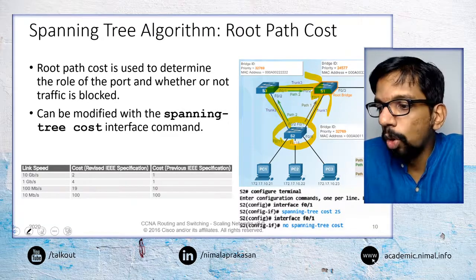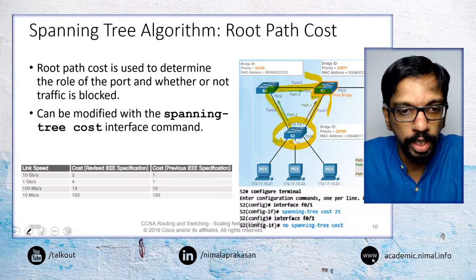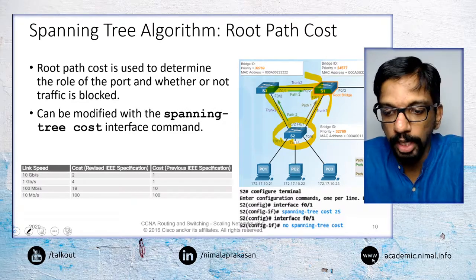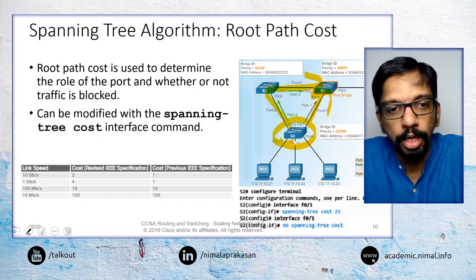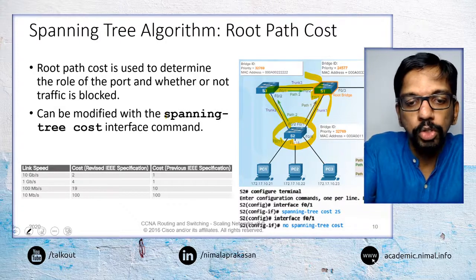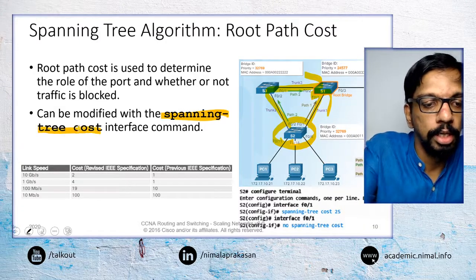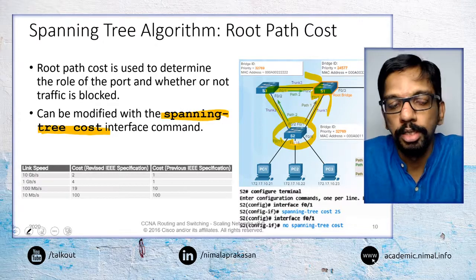The cost is normally calculated using the speed of the link. Link speed is one of the factors that can be used to calculate the root path cost. Additionally, this can also be manually configured for the interface using the spanning tree cost command.